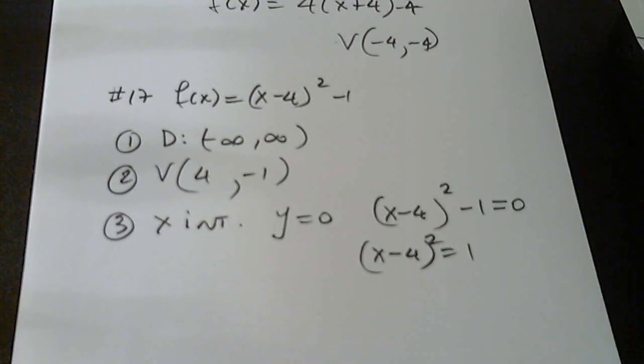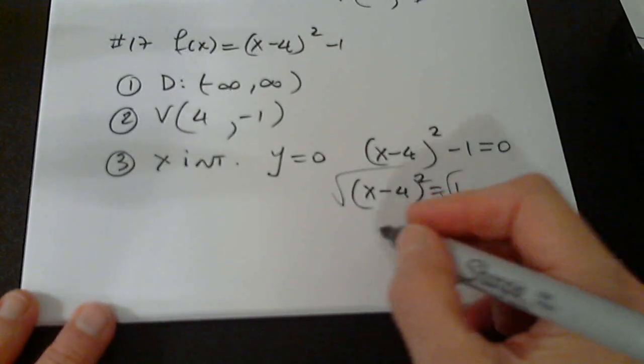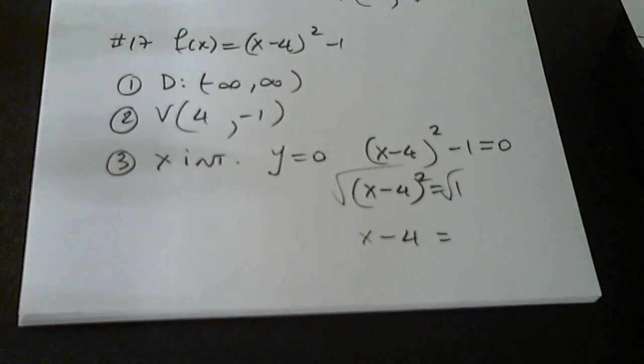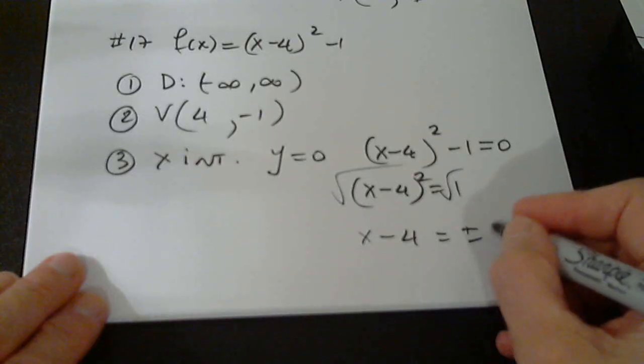Which method is that? Square root. Yes, we have to take the square root of both sides. The left-hand side is x minus 4, but if I forget something crucial on the right-hand side, I will not be able to get the correct solutions. Plus or minus 1.